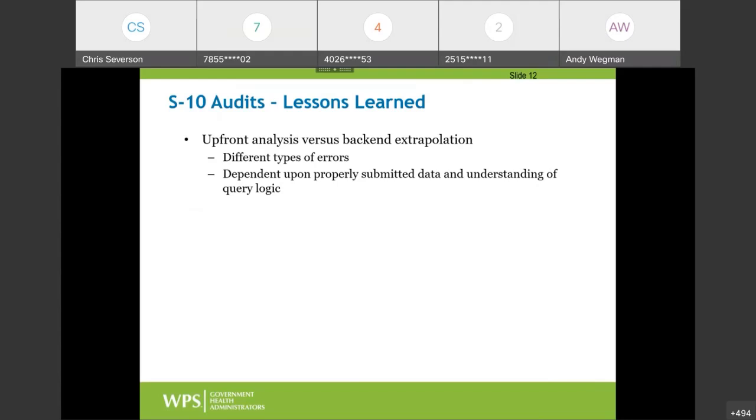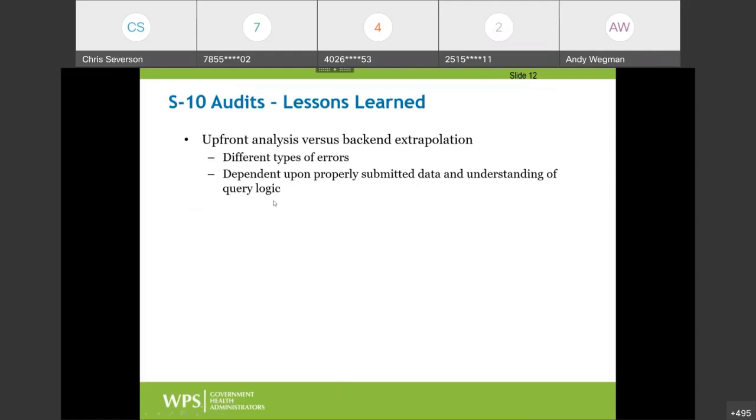So that's why we'd rather have as many of those errors caught up front so that we hopefully have very few sample errors to extrapolate. But the big thing here is that this is dependent upon really two different things. First of all, both the provider's understanding of what the requirements are and the auditor's understanding of what that listing was, how the provider gathered the data.